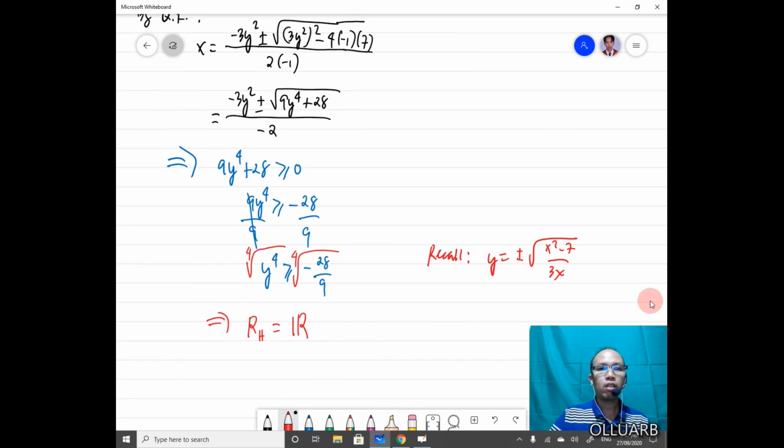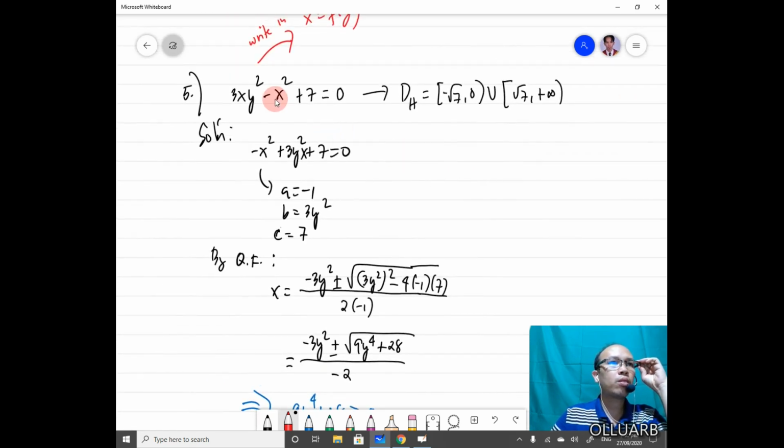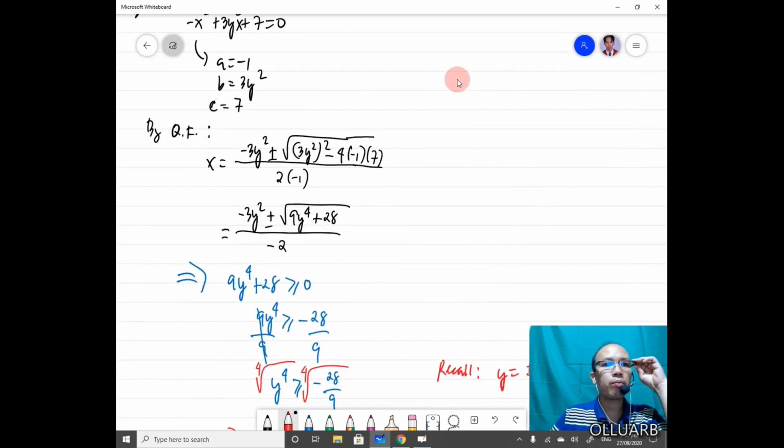Because when x is equal to 0, if you substitute into the original, there's no value because 7 is not equal to 0.